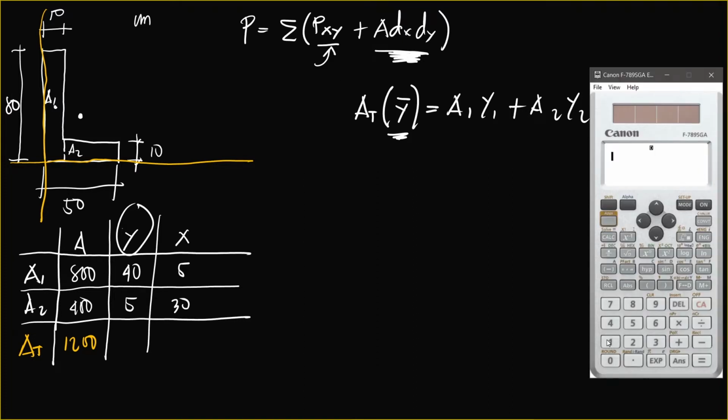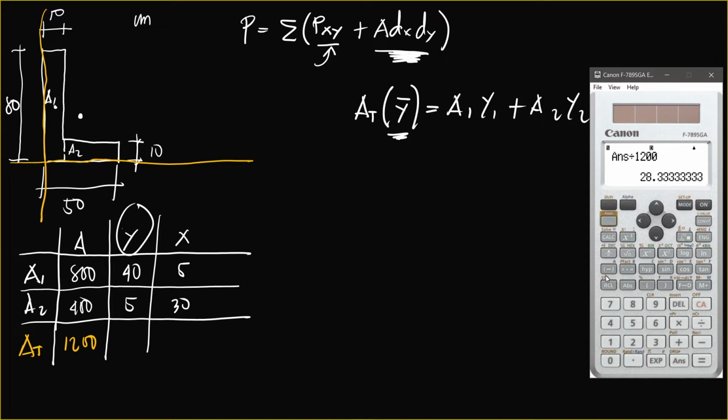Let's see. Your A1 is 800 times 40 plus 400 times 5, divided by 1,200. That is 85 over 3, or 28.333.